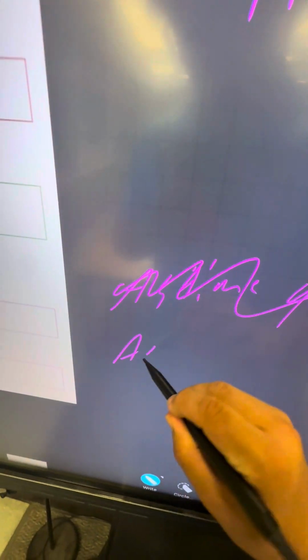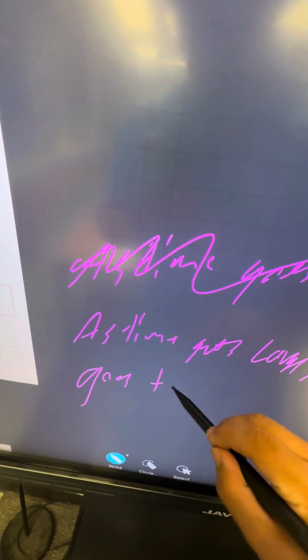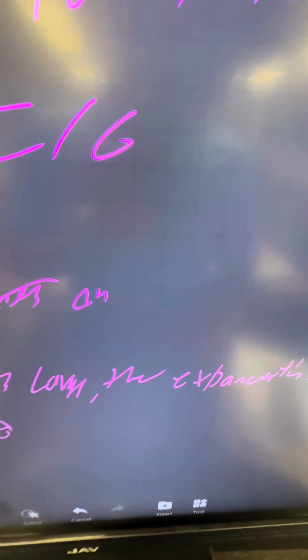And pretty much that just means as time gets very large, the exponential goes to 0.